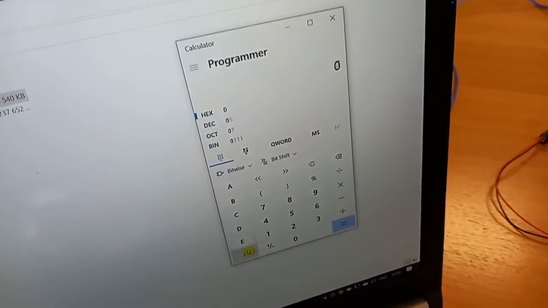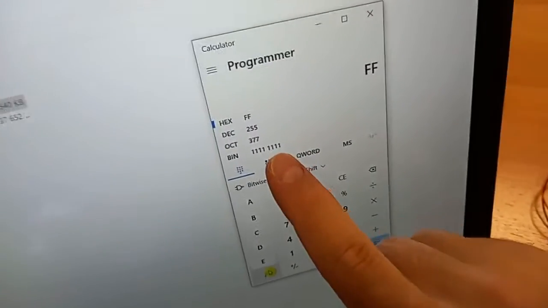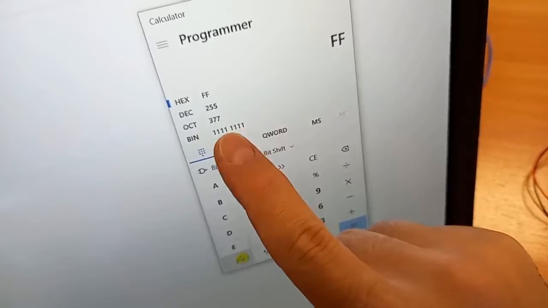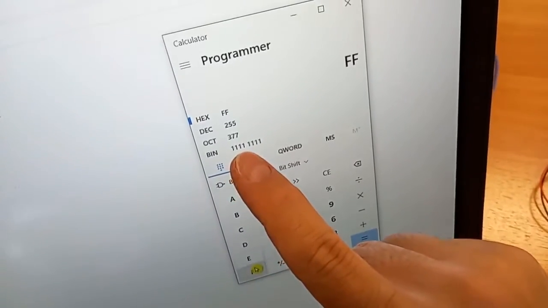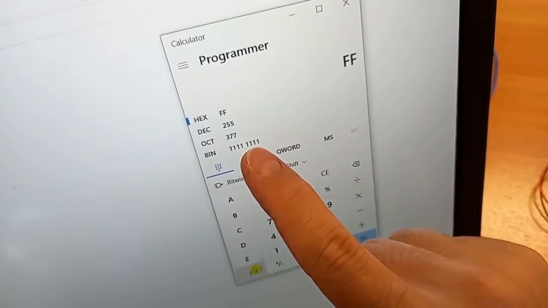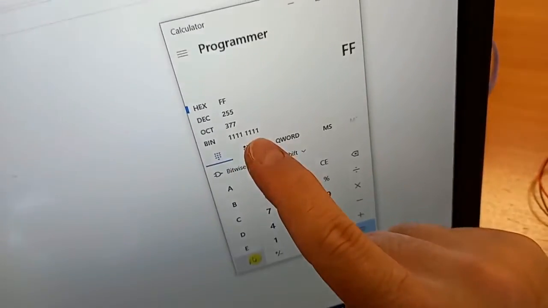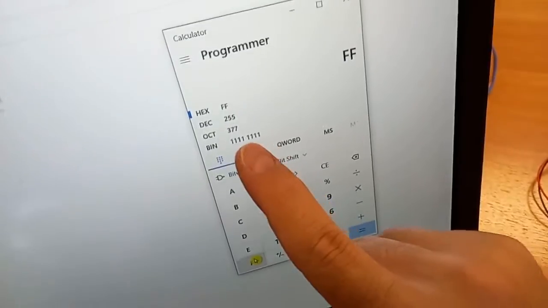In binary, that means this number. You see, all ones. If you read address 0, you will find this number, all ones. If you read address 1, you will find this number.